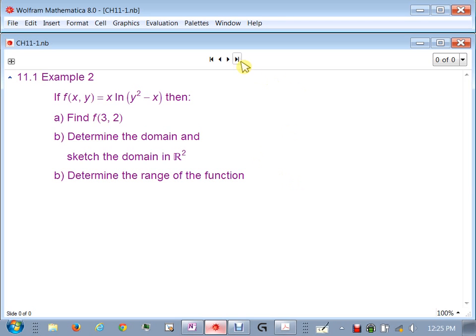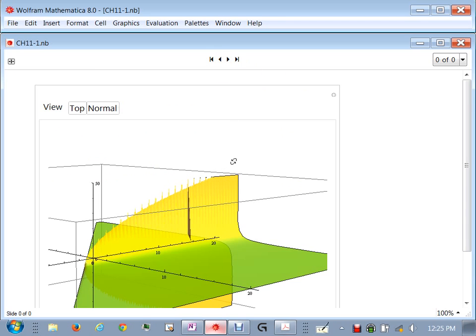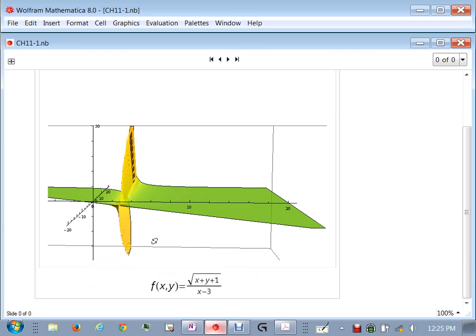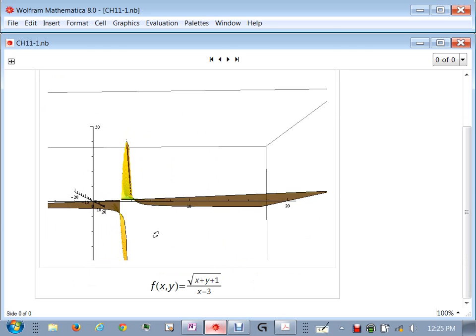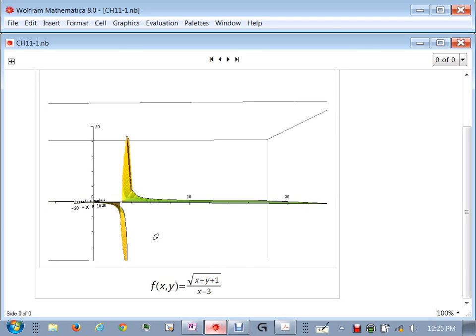Oh yeah, the range on that one, what it appears to be, I'm going to look at it from the side this way. It appears that our range is everything, because it looks like we get all positive values because of the asymptote. Looks like we get all the negative values because of the asymptote. And it looks like we do achieve 0, because we knew that we could make the numerator 0, remember? So it looks like we'll get every negative number, every positive number, and 0, so negative infinity to infinity would be our range.